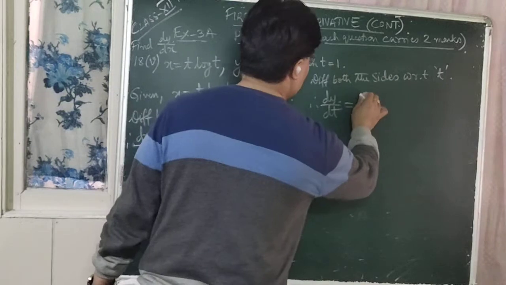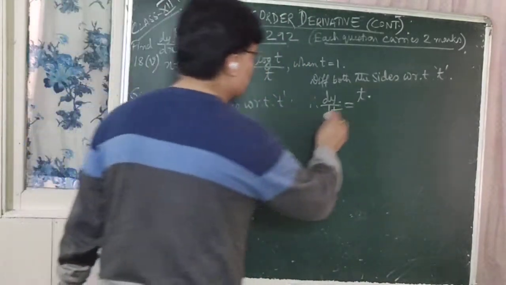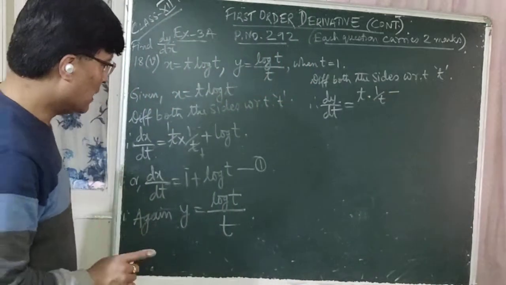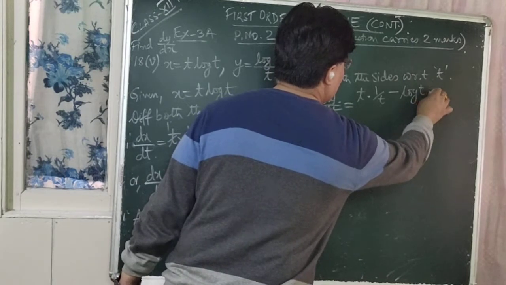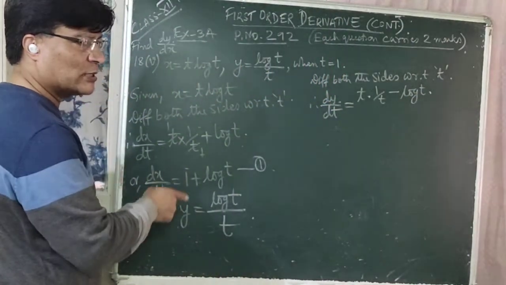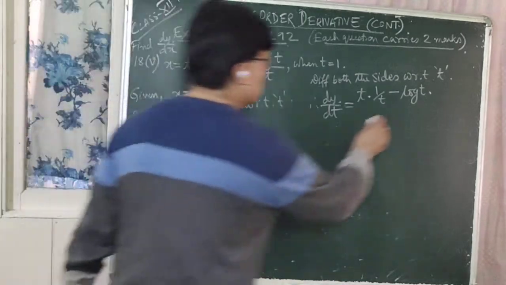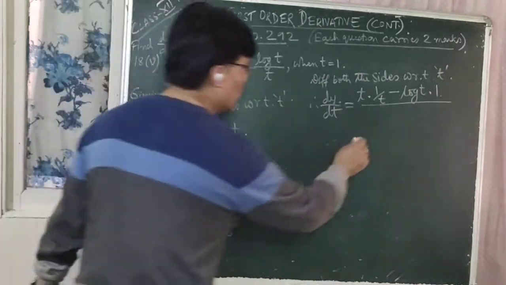So let us keep the denominator as it is in the numerator. T into what is d by dt of log t? 1 upon t. Always put minus sign. Now log t numerator is kept as it is, into what is the differentiation of that denominator with respect to t? That is d by dt of t is always 1. Whole divided by what? Denominator whole square, isn't it?